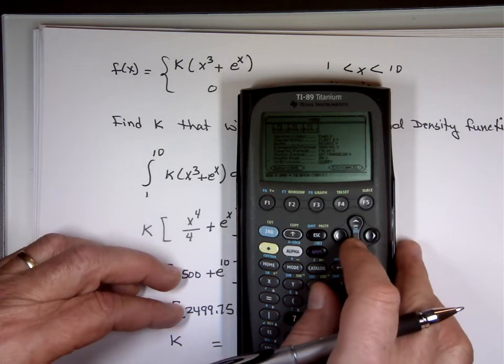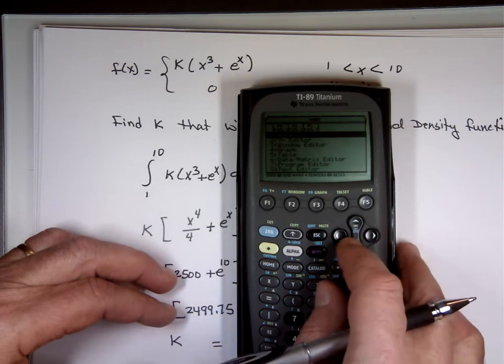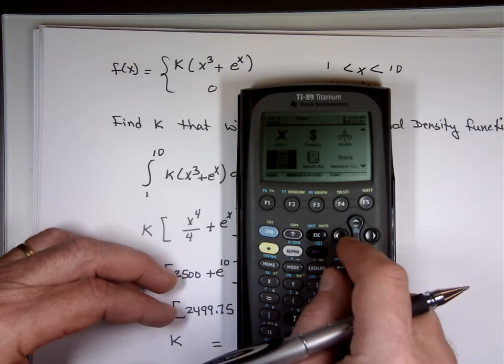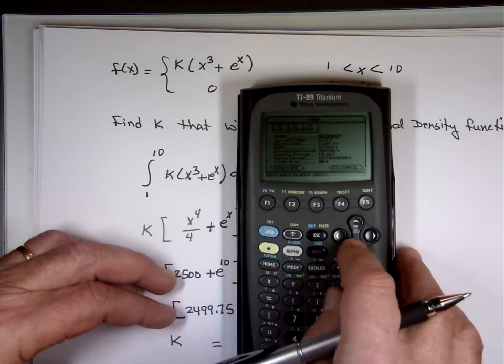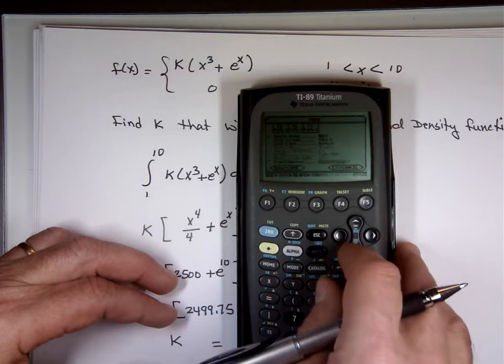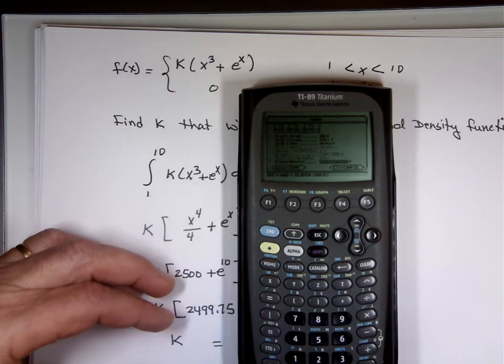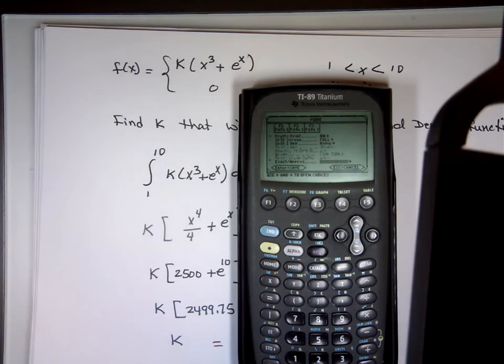The 84 does that, by the way. You don't have to have a fancy one. This is exact right now. Mode. Is that approximation? Yep, it is an approximation. Can you see it on the screen?